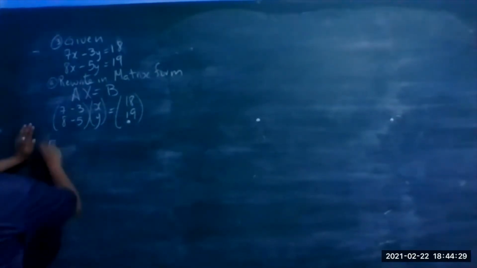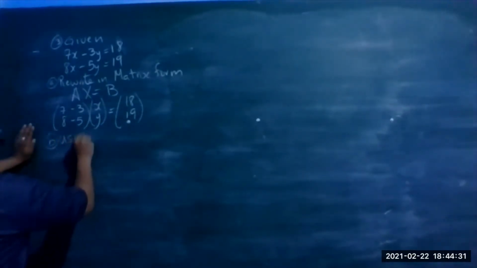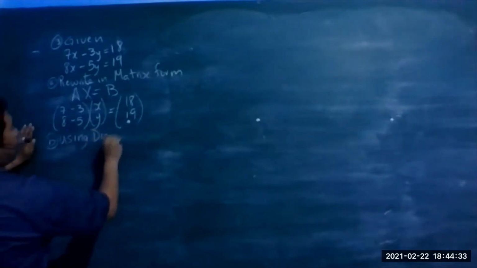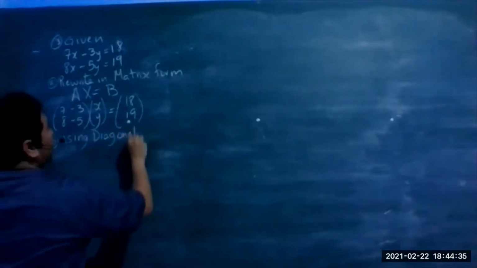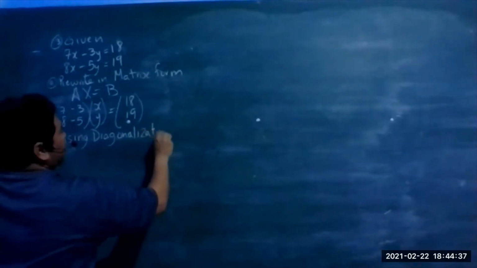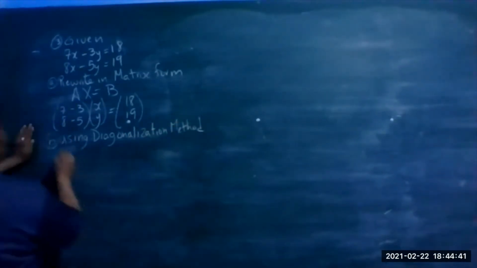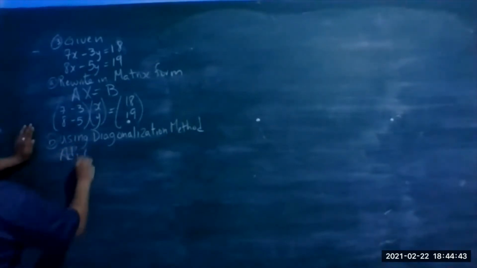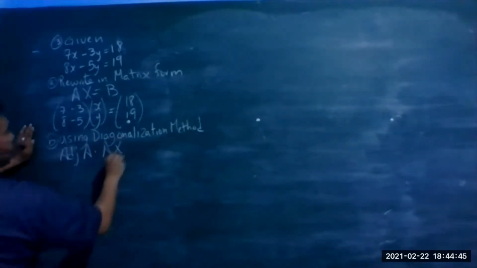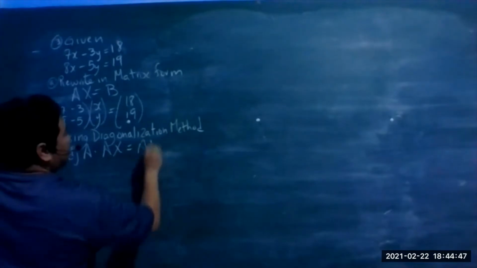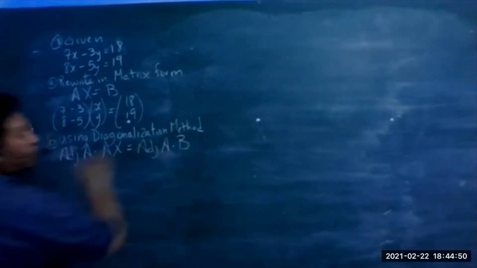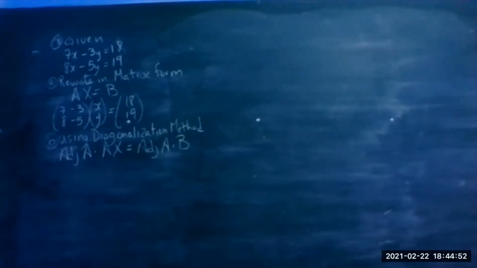Then step B, using the diagonalization method, you say the adjoint of A times AX equals the adjoint of A times B. Yes?